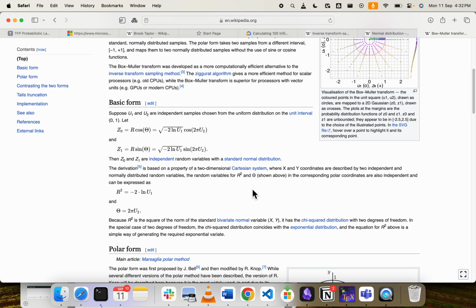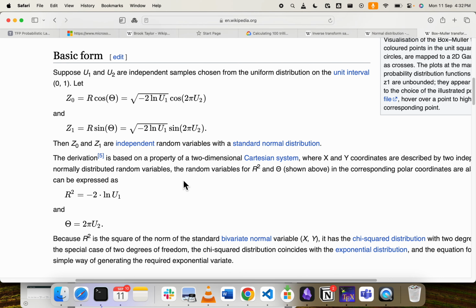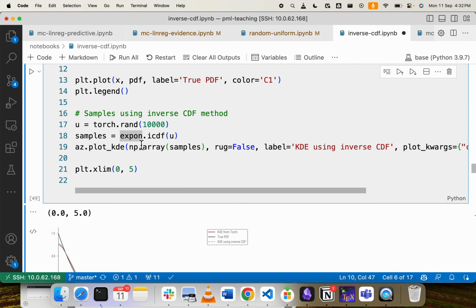but essentially the idea is that once you have samples from a uniform distribution, you can obtain samples from a normal distribution with mean 0, variance 1. Right? This is best, I think, just shown directly in the code.